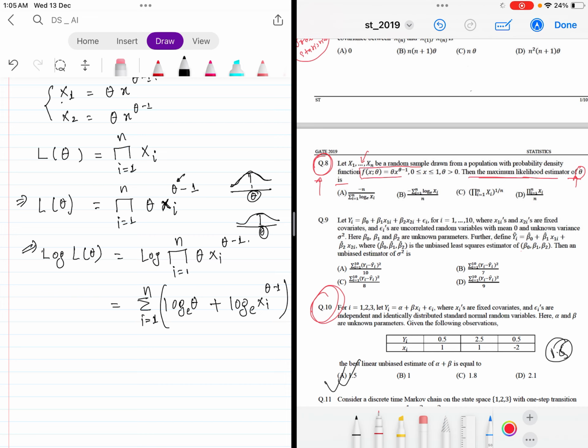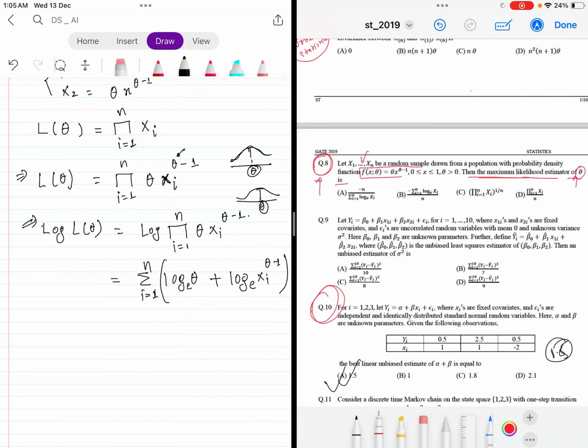Now we can take d by d theta of this log. Let's take this in the next step.